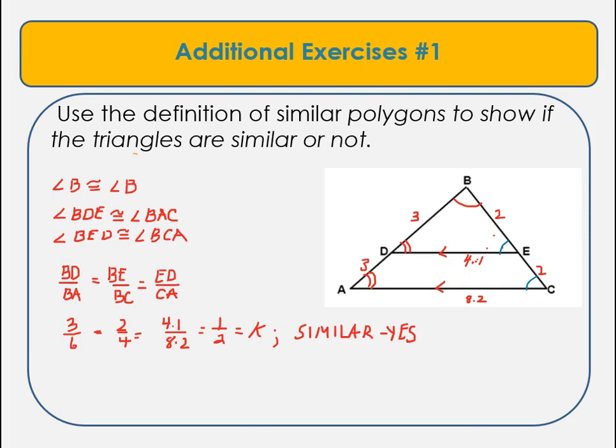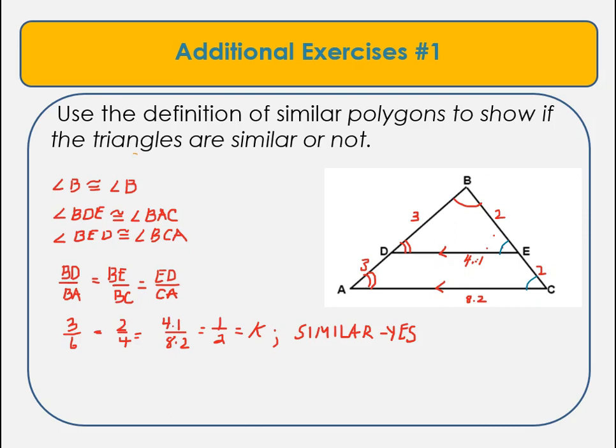Now another thing that we know looking at this triangle is we have two parallel lines, line DE and line AC. And if we have parallel lines, we can consider AB and CB to be transversals, and so we can go back to our transversal properties.